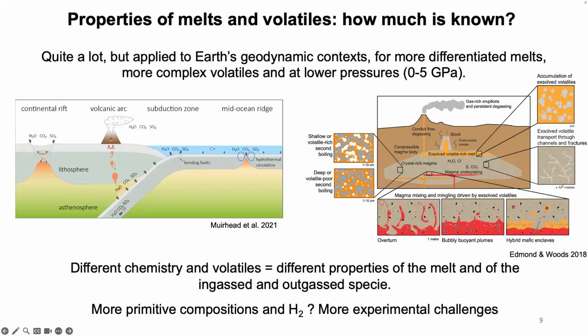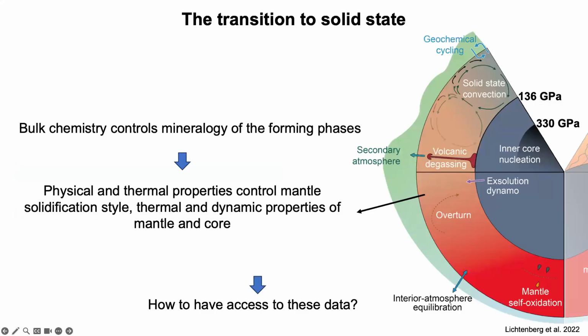But let's keep going in our evolution of the Earth, or of our planet. We go from this magma ocean phase to where we start solidifying. And the chemistry of the magma ocean phase, so which elements I have here, controls what I'm getting. So the mineralogy of the forming phases and the thermal and physical properties of these phases control which kind of mantle we're getting.